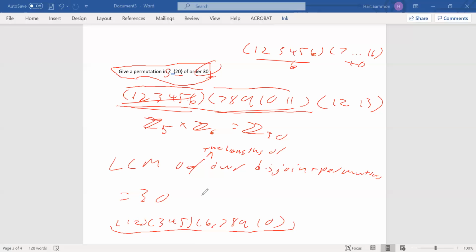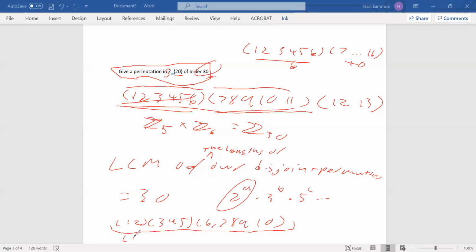In general, it's going to be not quite that. So if the prime factorization is 2 to the a times 3 to the b times 5 to the c, blah, blah, blah, then you're just going to go with the highest power there.